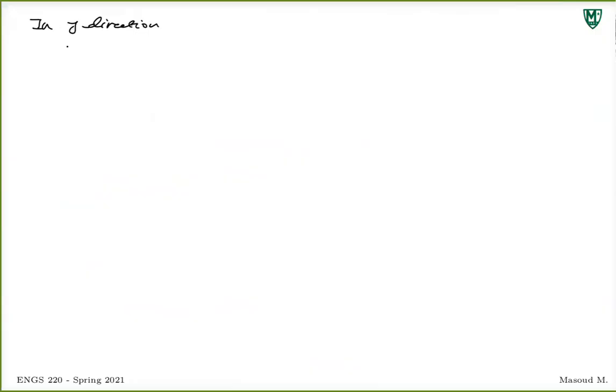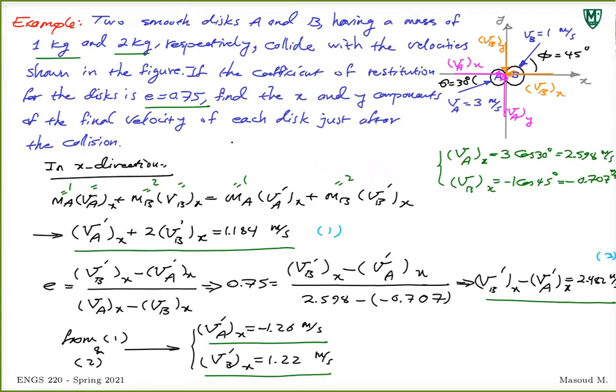Right. In y direction, whatever is the component for A, we say VA in y direction is equal to VA prime in y direction. Let's find them here. VA in y direction and VB in y direction.